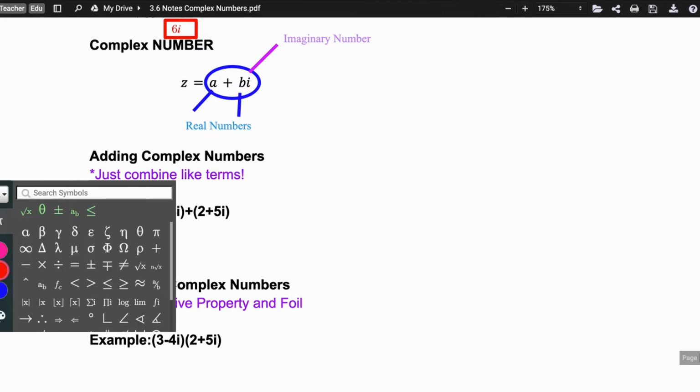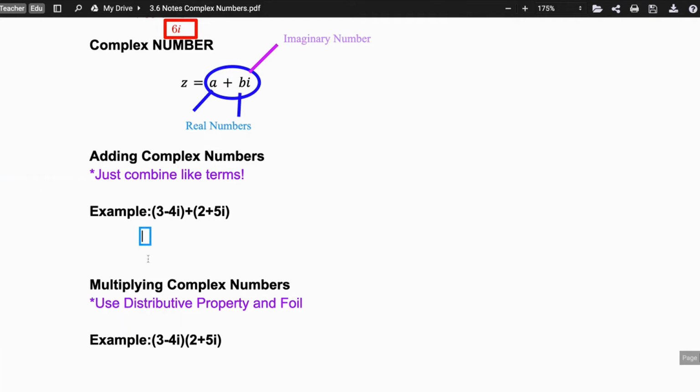I'm going to reorder it by having all my real numbers together and then adding my imaginary numbers last. So I have 3, and then if I move this 2 over here, I have plus 2. That takes care of all my real numbers, then minus 4i and plus 5i. All I did was reorder it so my real numbers were together and my imaginary numbers were together.